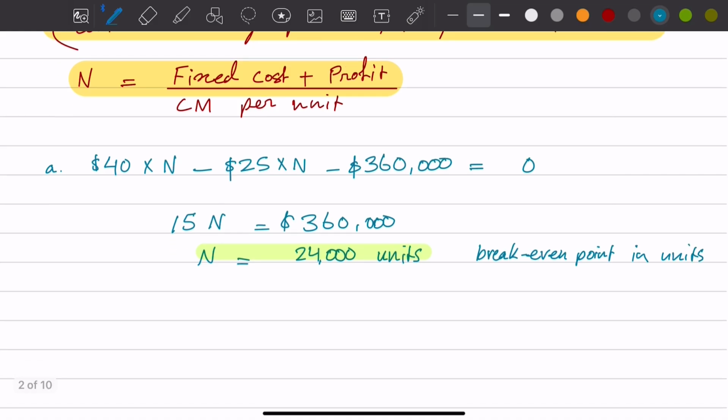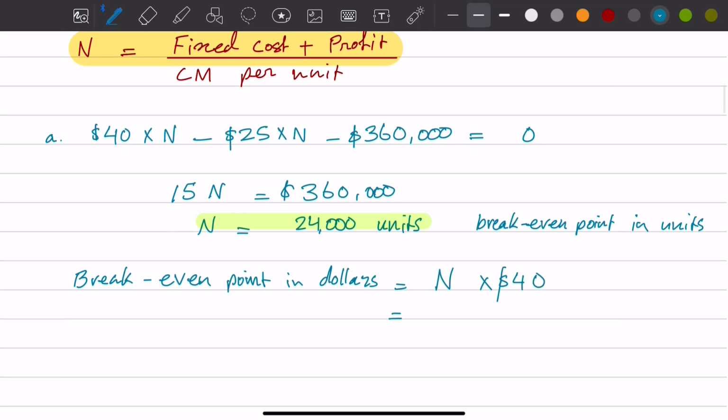And now the break-even point in dollars is going to equal N multiplied by the selling price per unit, which was $40.